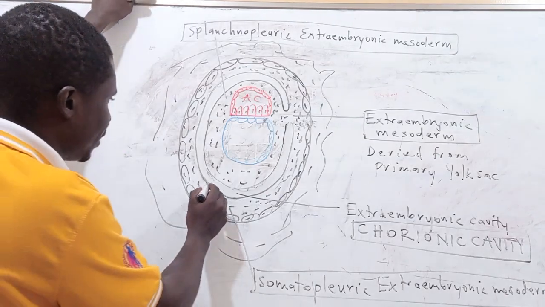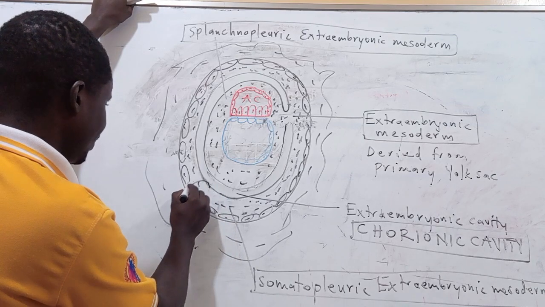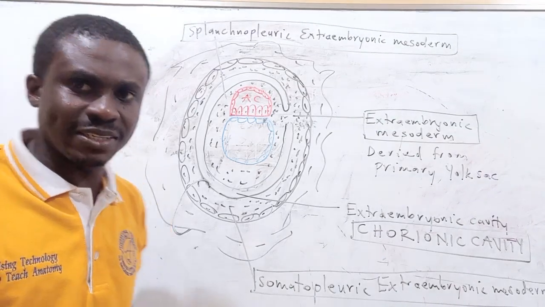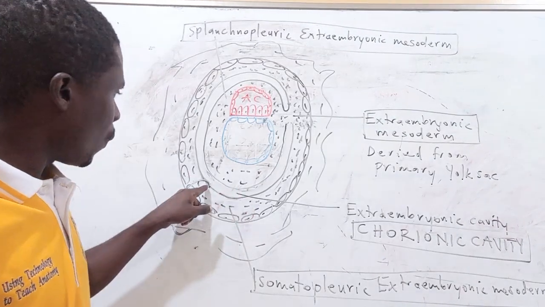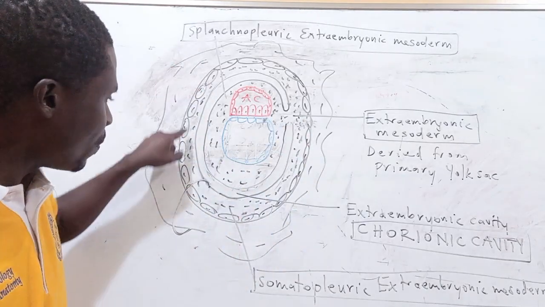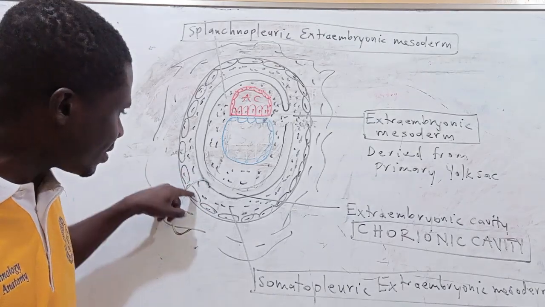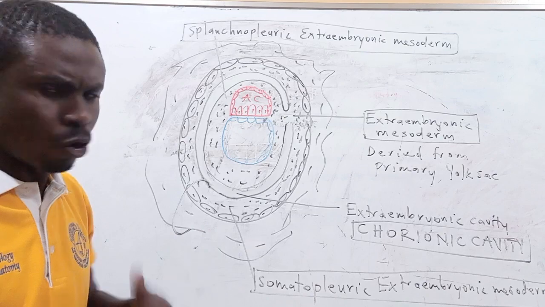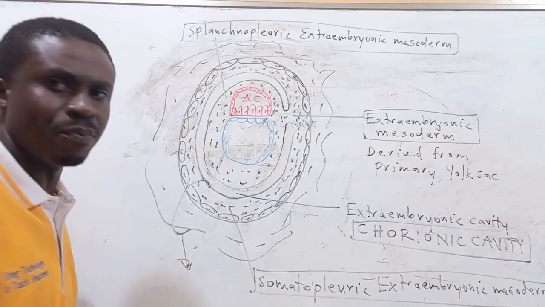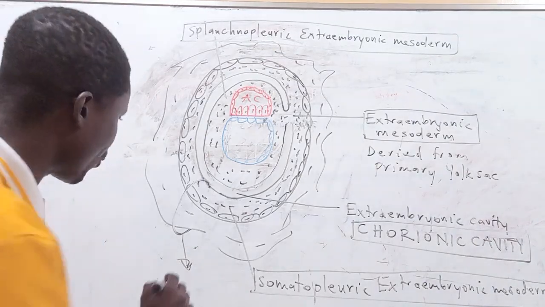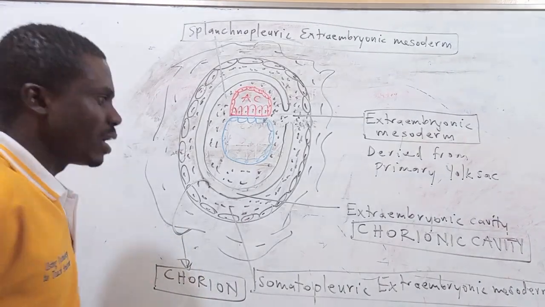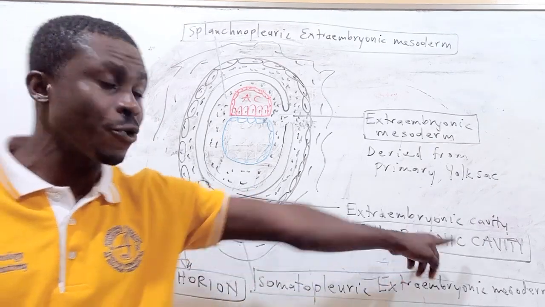The combination of what we call the somatopleuric extra embryonic mesoderm together with, of course, the cytotrophoblast and the syncytial trophoblast, or simply trophoblast, together will give us one of the fetal membranes, something we call chorion. My friends, that is why the cavity over here is called the chorionic cavity.